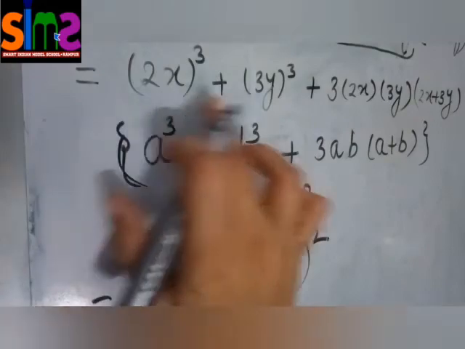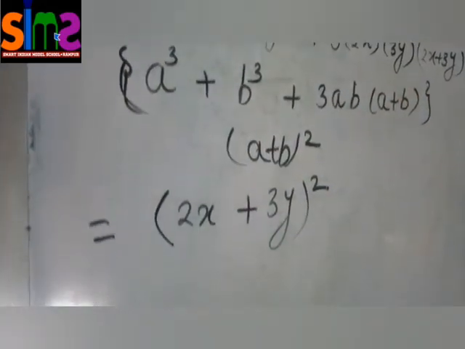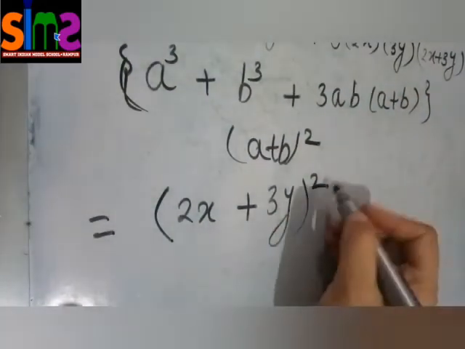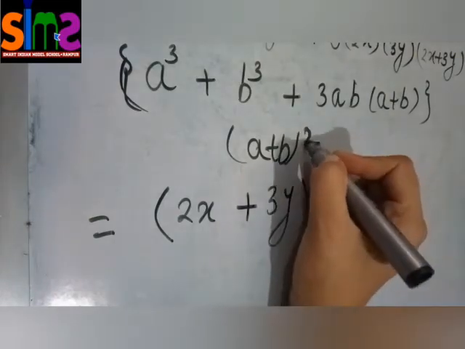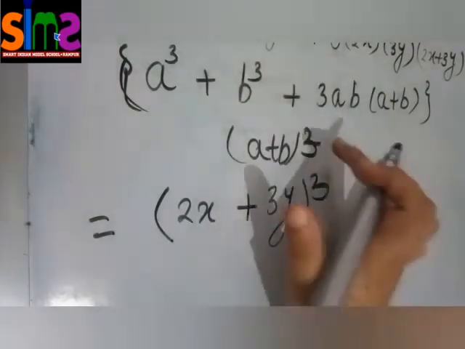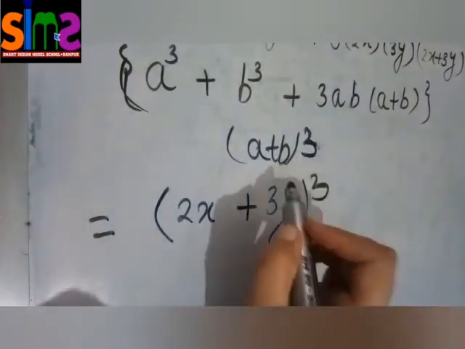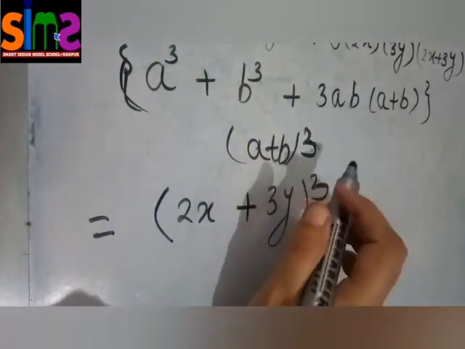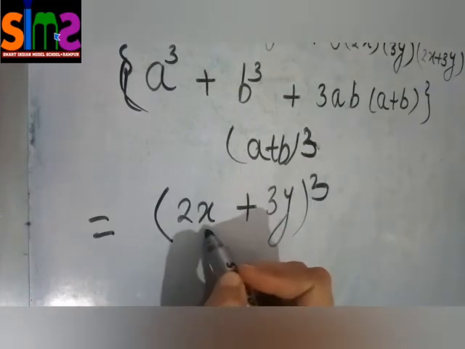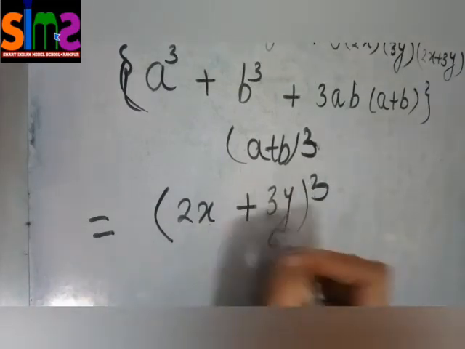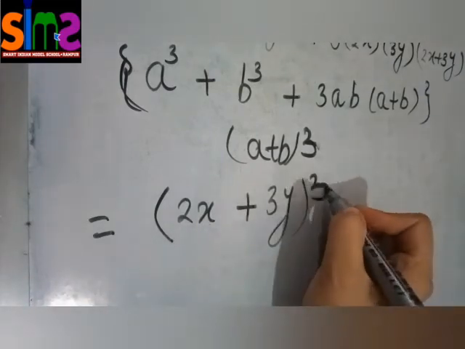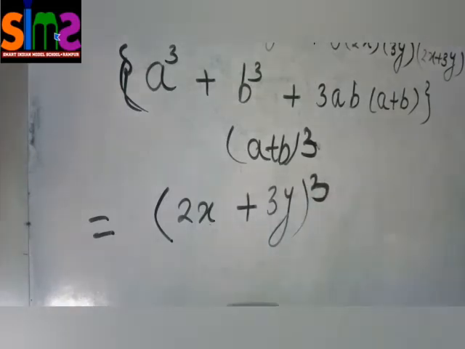So the given question is the expansion of whole cube, not square. I am extremely sorry bachcho. This is the expansion of whole cube of a plus b. So this is the expansion of 2x plus 3y and its whole cube, the whole cube of 2x plus 3y.